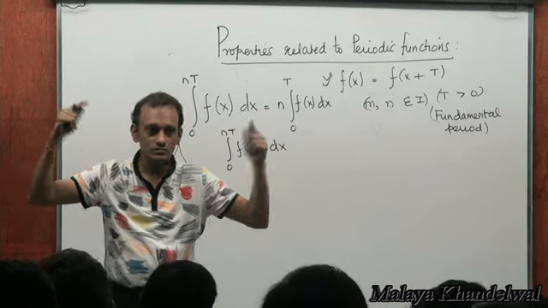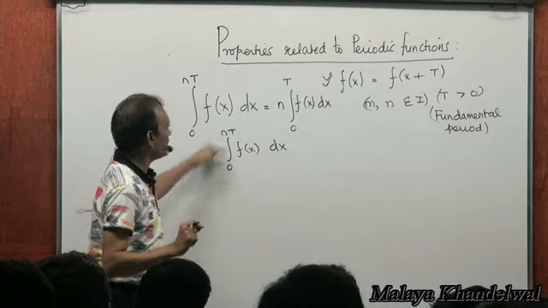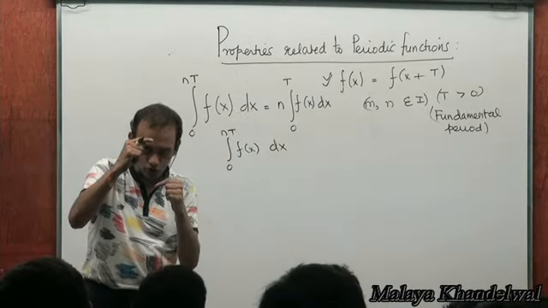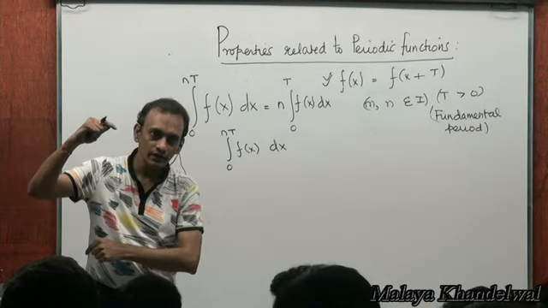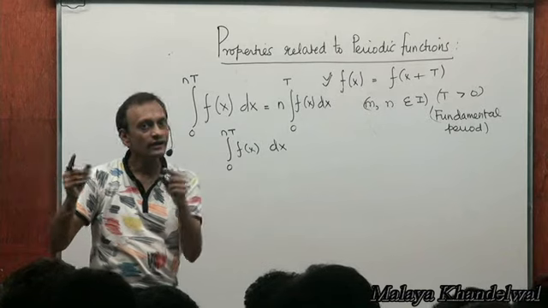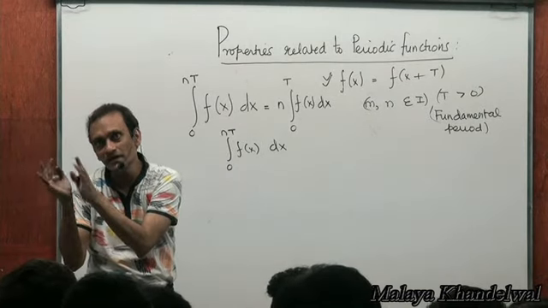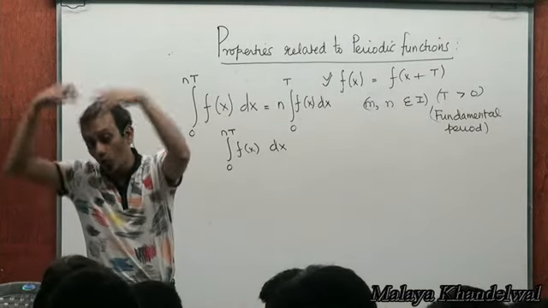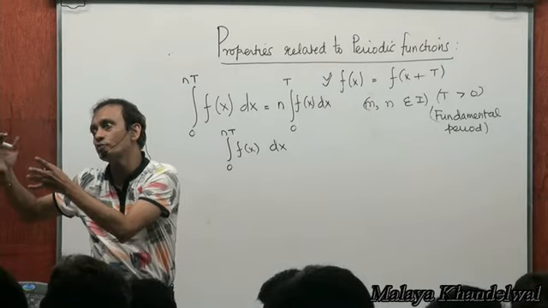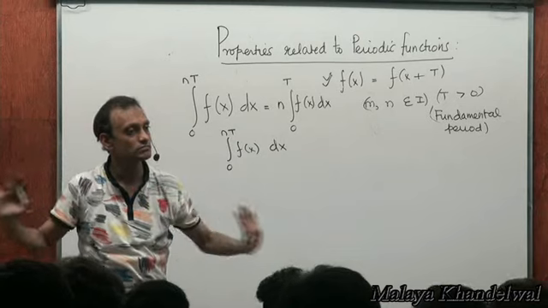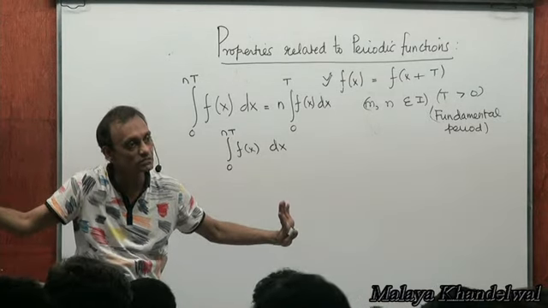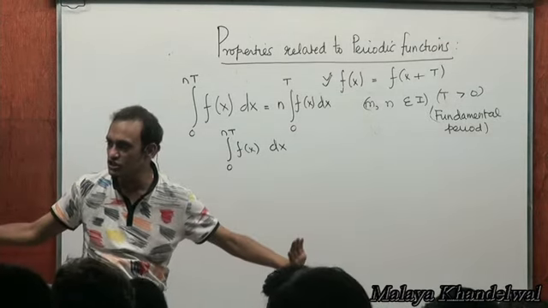Isn't it? 0 to nt, I break it up as 0 to t, t to 2t, 2t to 3t, 3t to 4t, then some element (r minus 1)t to rt, and then eventually the last would be (n minus 1)t to n times t. N such integrals.